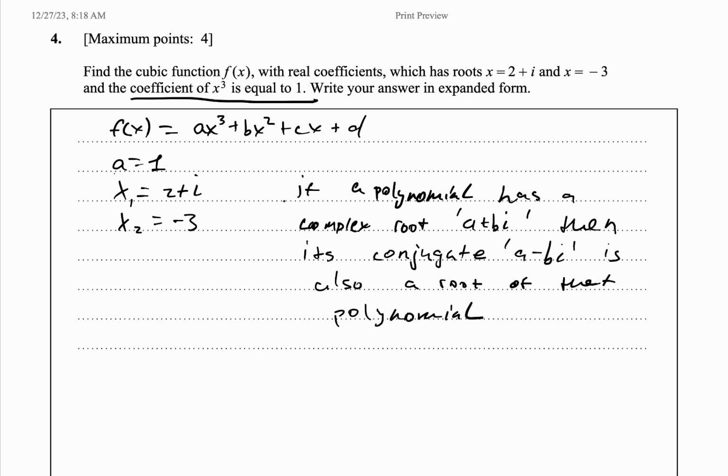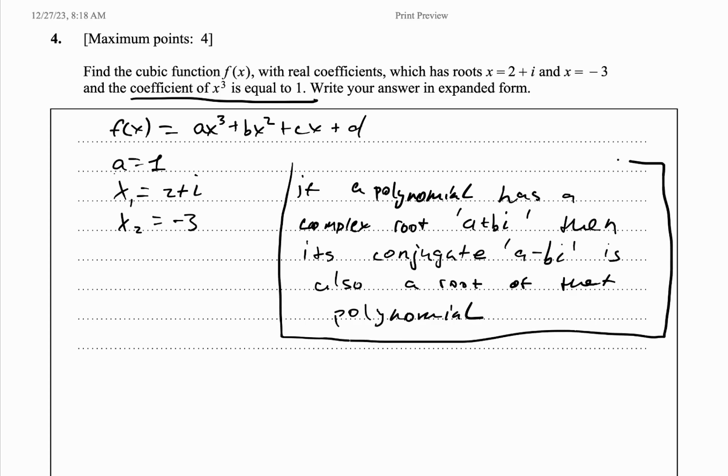Okay, so we have to note this down. This is a really important thing that will help us to further solve these polynomial questions. So if 2 plus i is a root of the polynomial, then we can say that the third root will be 2 minus i, its conjugate, okay?